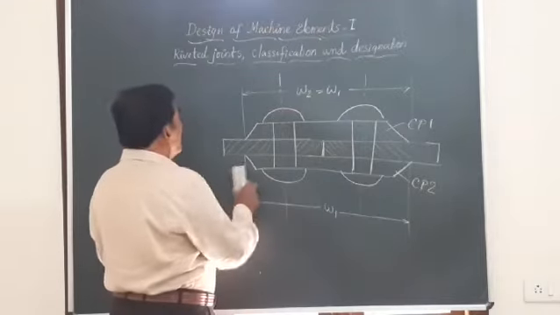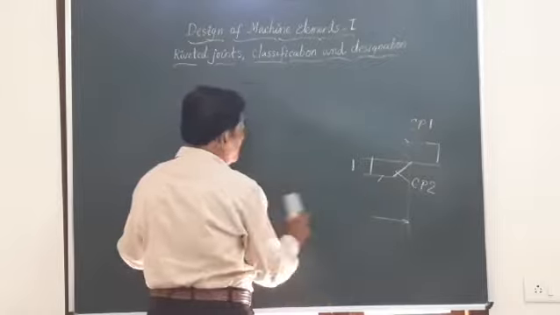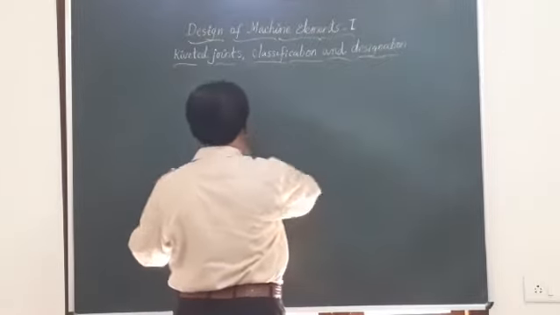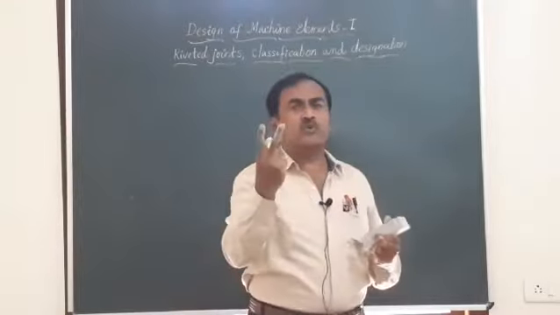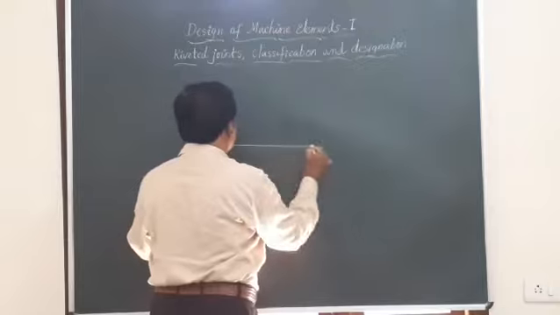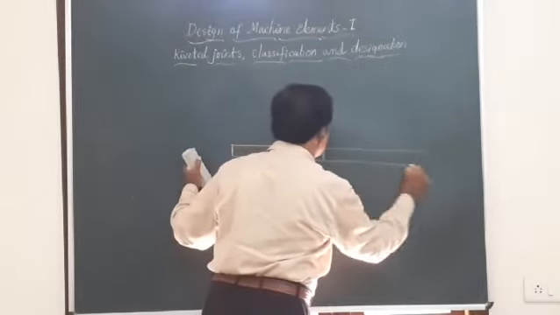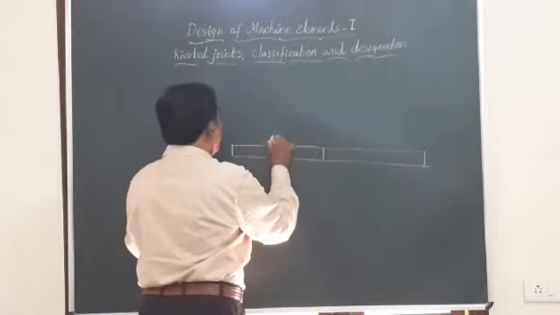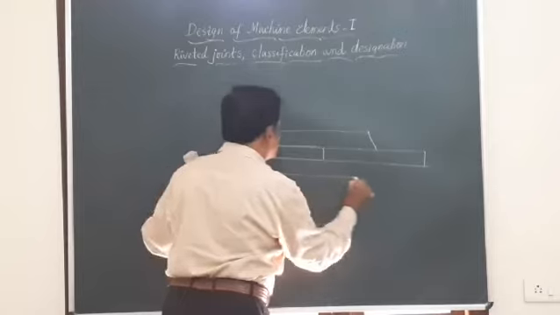Friends, now coming to the third type of butt joint, you have butt joints made for joining two plates using two cover plates of unequal width. For example, say you have one plate here, the second plate is here, and this could be made by making use of two cover plates.